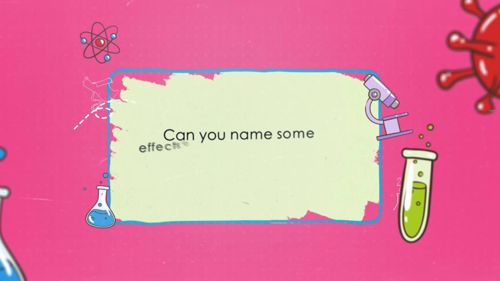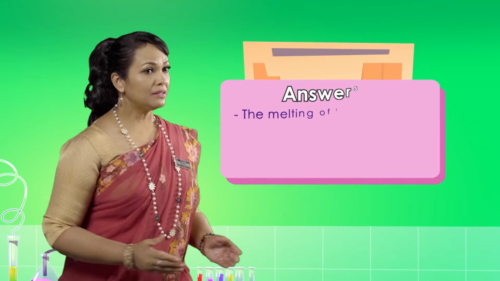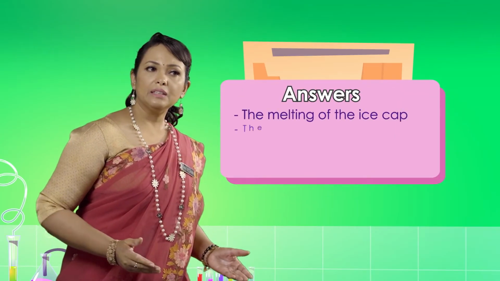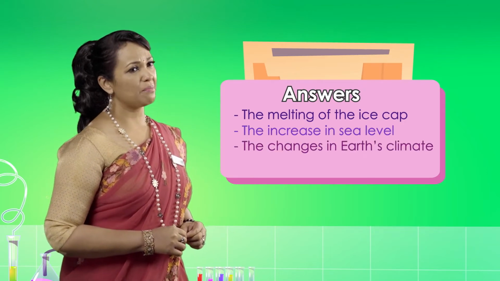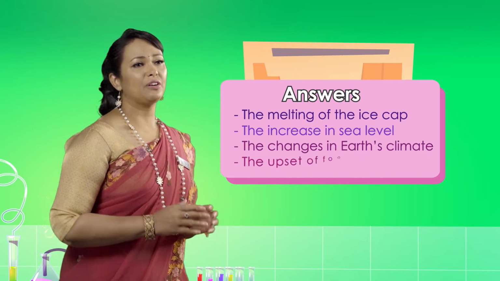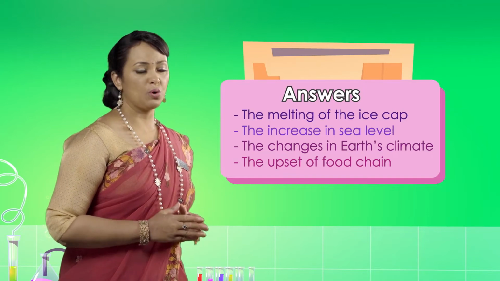The rampant increase of the greenhouse effect in recent years has contributed to global warming. Can you name some effects of global warming? Yes, good. The melting of the ice cap, the increase in sea level, the changes in Earth's climate, and the upset of our food chain are just a few effects of global warming.